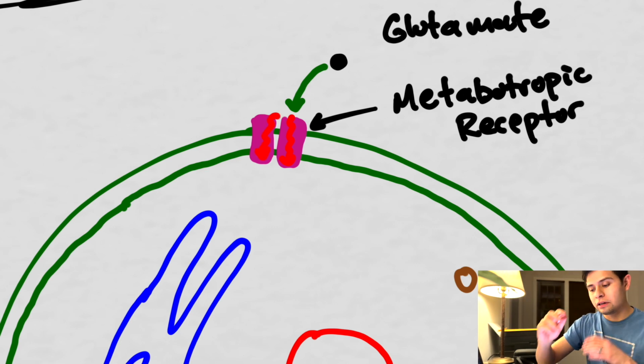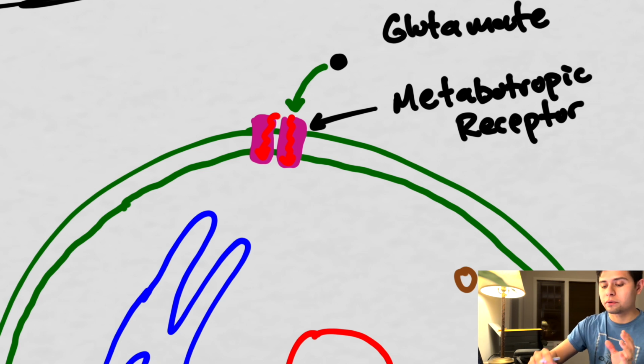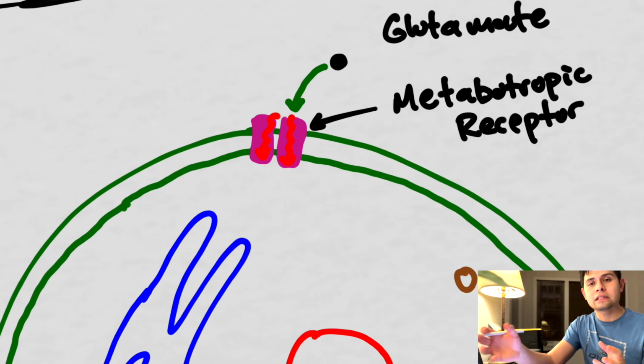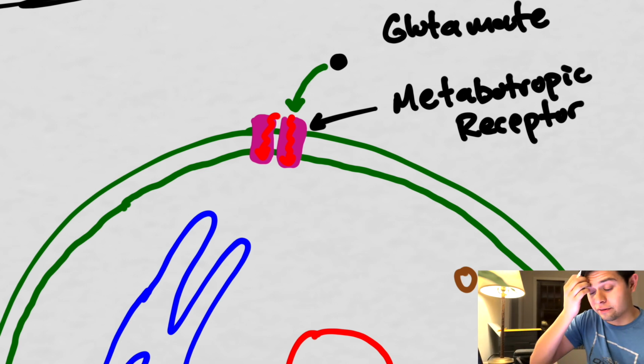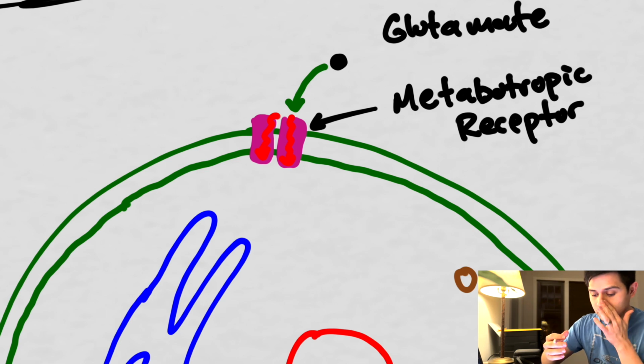Now, here's the difference between metabotropic and ionotropic. Metabotropic receptors initiate a long cascade of events inside the cell. You could have this propagation of conformational change throughout the protein.